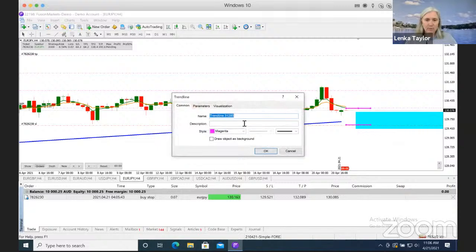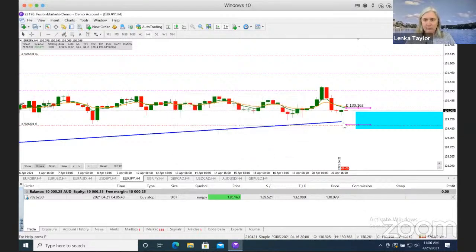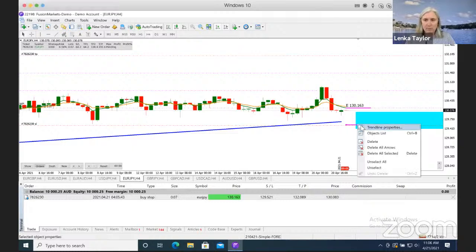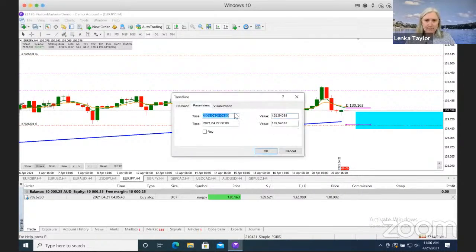Okay, so for that one, Euro JPY entry is 130.163. The stop loss is at 129.521.